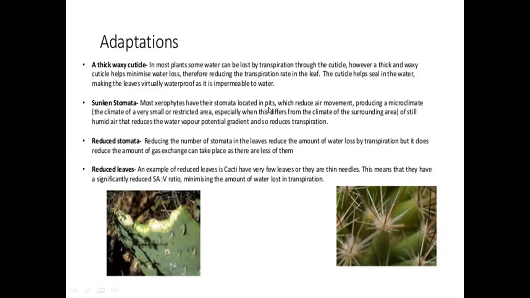They are located on the lower surface of the leaves to prevent direct sunlight. And reduced stomata, and reduced leaves. In xerophytes, usually leaves are modified into scale leaves or spines. So these spines protect the plants.